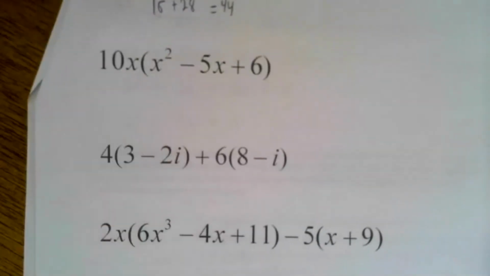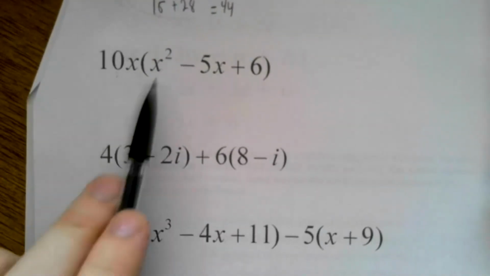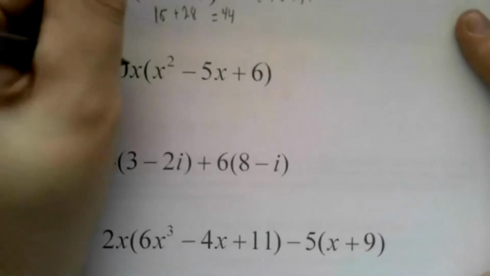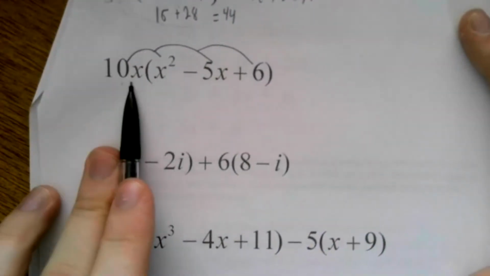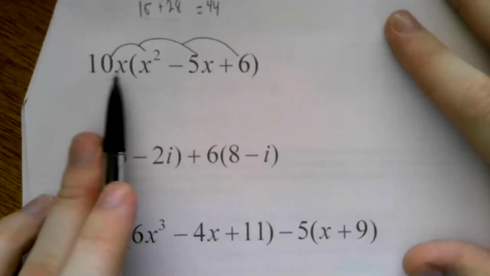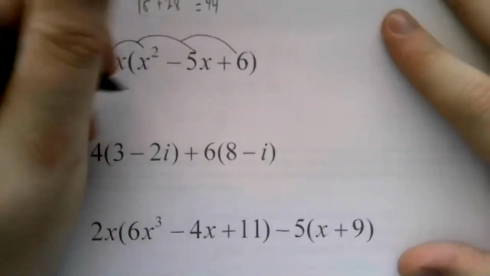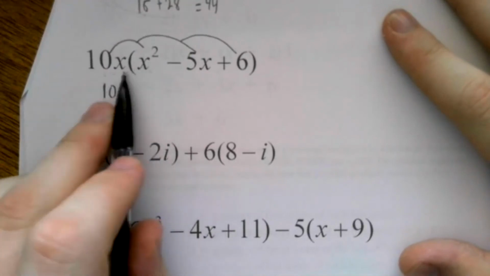Okay, so what about the second one? I have 10x and I'm going to distribute that to everything in here. So what is 10x multiplied by x squared? 10x cubed. Yeah, so I'm going to multiply the coefficients, so 10 times 1, which is 10. And when I have x multiplied by x squared, I add the exponents.